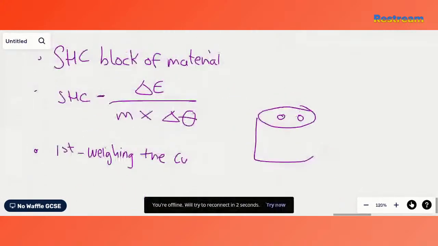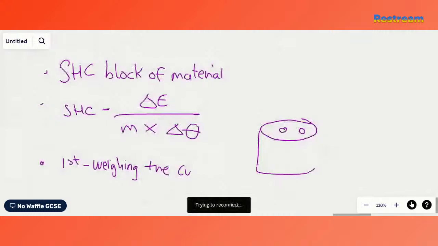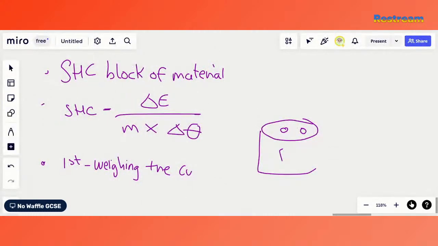Okay, so in this copper block, there are 2 holes. Now, in one of the holes, you're going to put the heater, and in the other hole, you're going to put the thermometer. We'll explain why in a second.